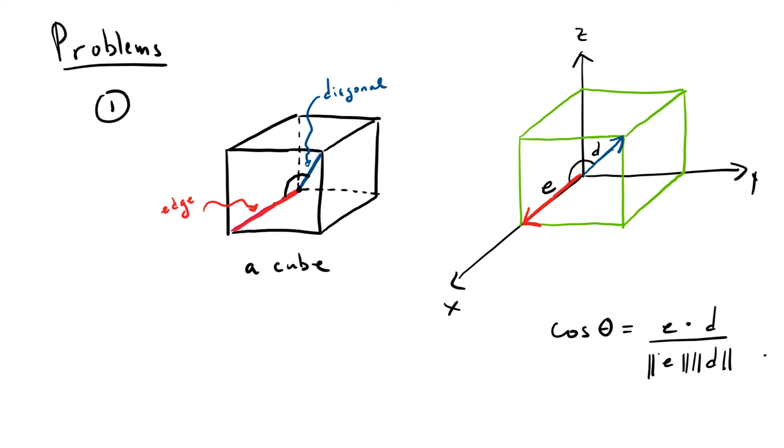It's not too hard to see that the angle is completely independent of the length of the edge. So if you magnify or reduce this cube, the angle between the edge and the diagonal will remain the same. So you can pick any length that you want.